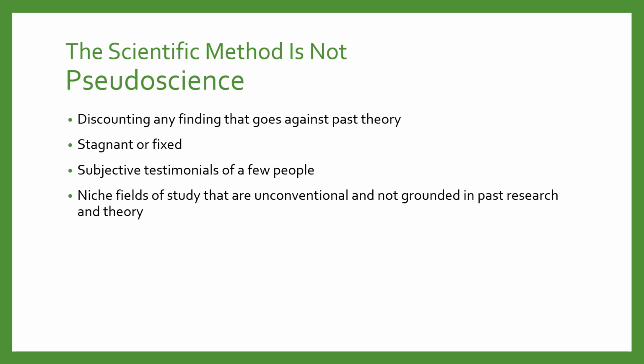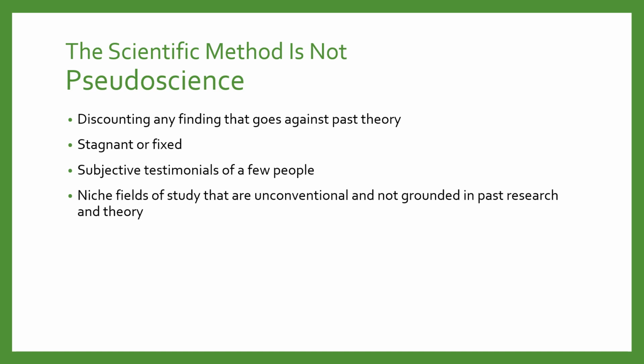So as part of this lecture, I also want to equip you to be able to recognize the difference between science and pseudoscience. Unlike the scientific method, pseudoscience lends itself to discounting any finding that goes against past theory. A lot of times in pseudoscience, results are ignored if they go against what was expected or what past research suggests.